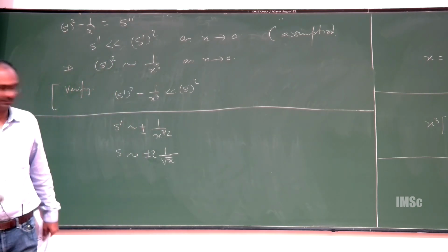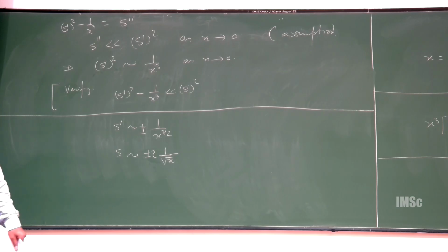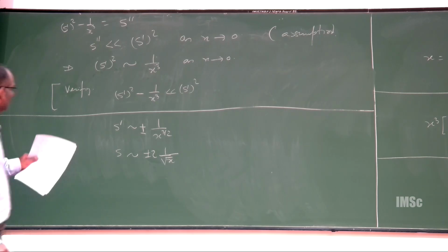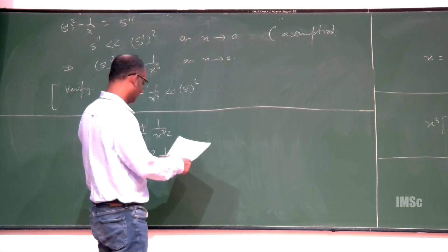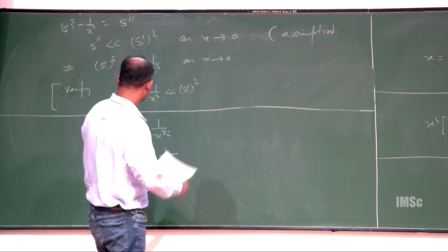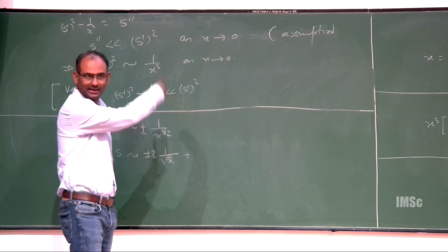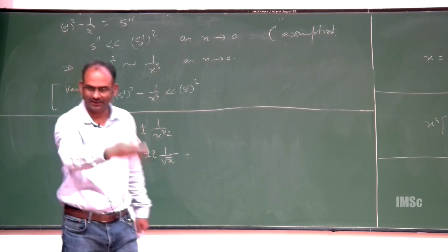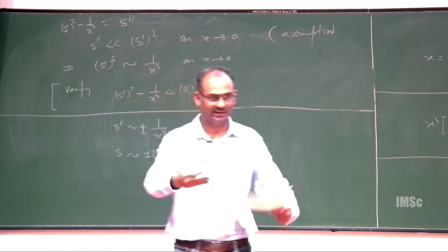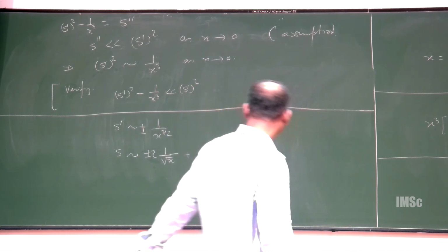Thank you. Is that okay? So where we are, and some functions. Okay, there could be some functions because all I am doing is asymptotic analysis, right? These are not equalities. These are asymptotic analysis. So there could be some function.